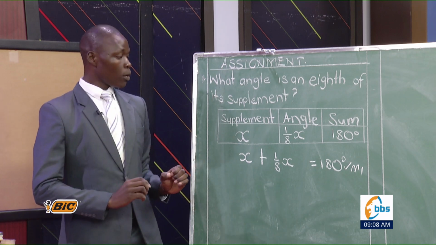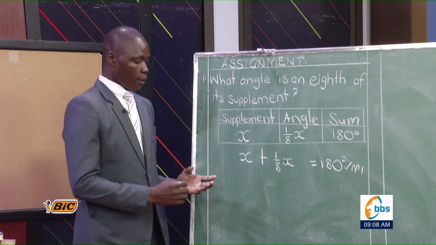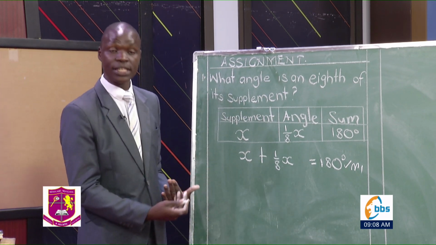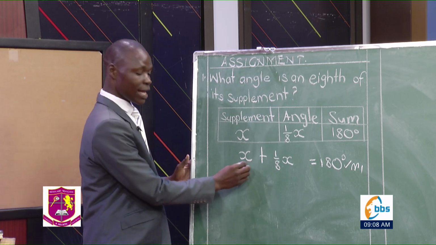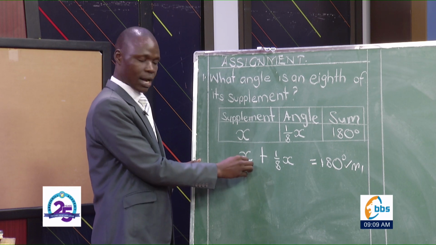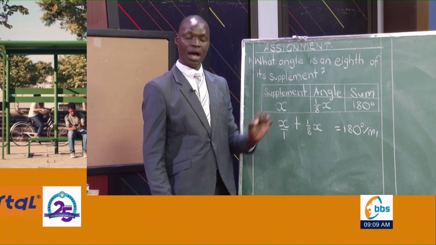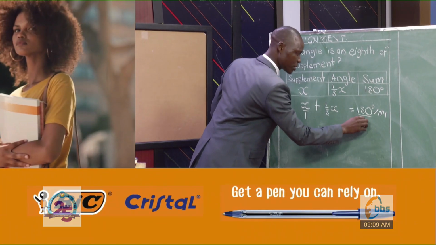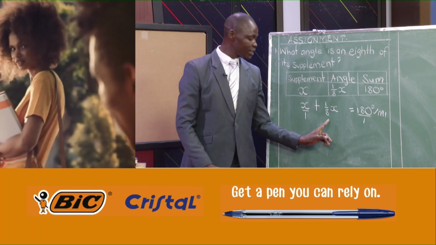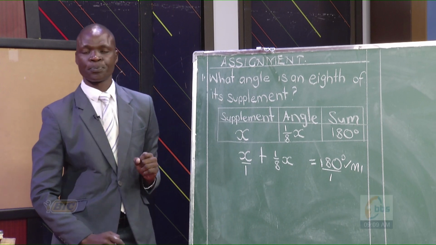From there, you will now solve. You can use the usual method we have always used. For instance, let's give this x a denominator, which is 1. Every whole number has a denominator of 1. We also give that 180 a 1. So the lowest common denominator of 1 and 8 is 8.